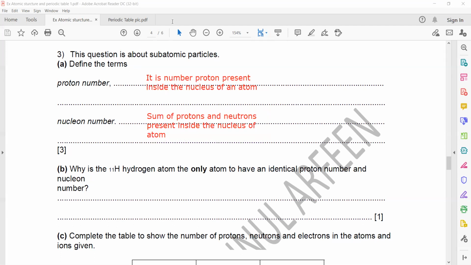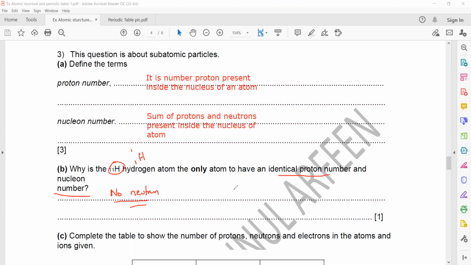And this we already discussed, why hydrogen is the only atom having identical proton and nucleon number. Actually it's a typing mistake, it should be hydrogen 1 and 1. So why is hydrogen having the same proton number and nucleon number? Because there is no neutron inside hydrogen.